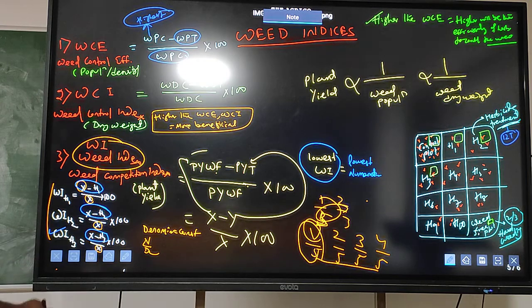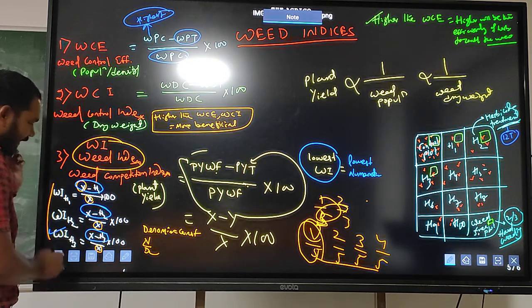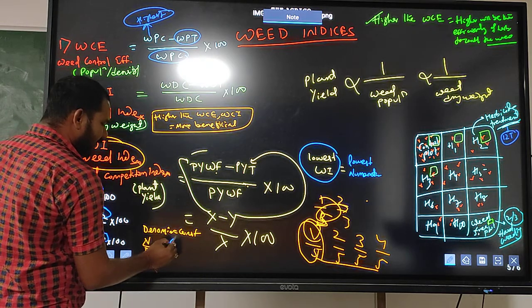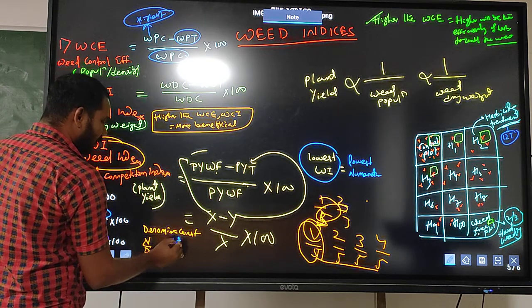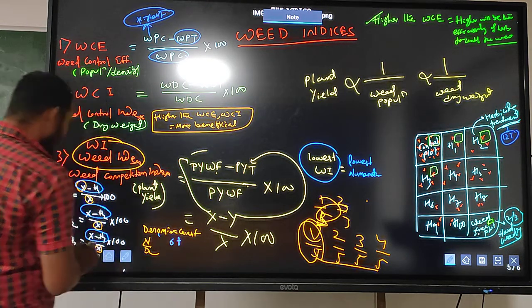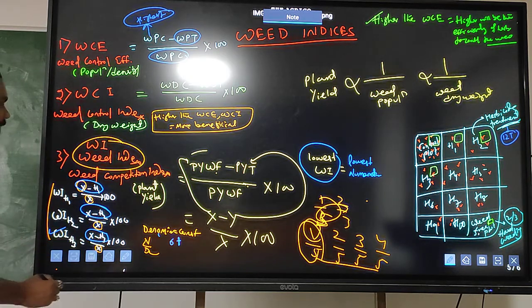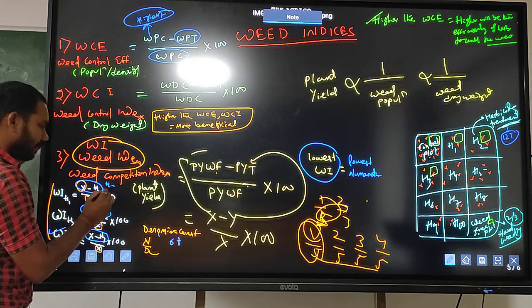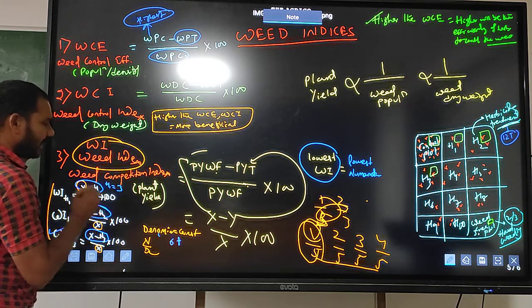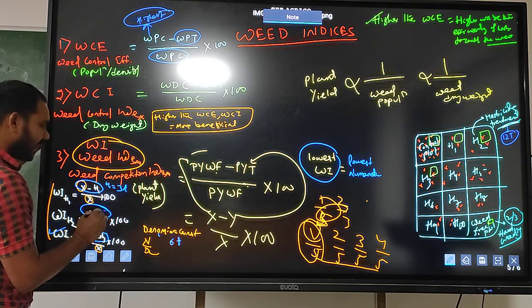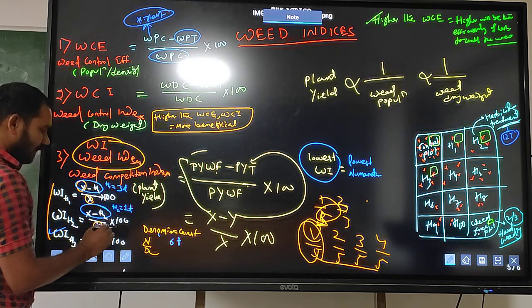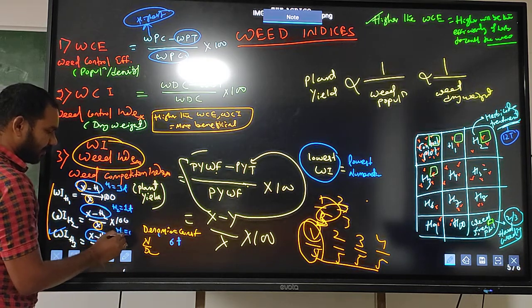Now take the plant yield. Let x, the weed-free yield, be 6 ton. Herbicide 1 will give, let us think, 3 ton. Herbicide 2 will give 1 ton. Herbicide 3 will give 5 ton.